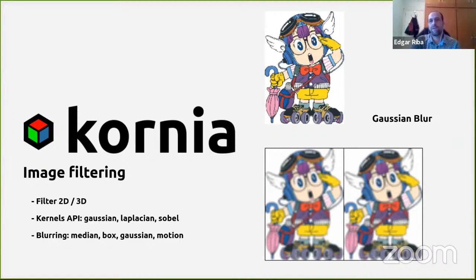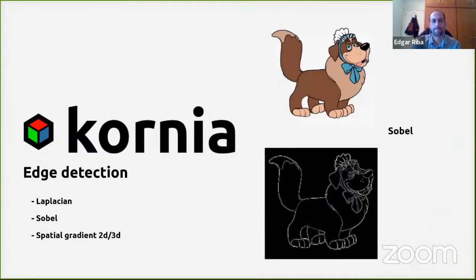And then we implemented more or less high-level algorithms for computing median blurring, box blurring, Gaussians, or motion blurring. Similar to this, we have the edge detection module, where we have different classical edge detection algorithms like Laplacian and Sobel.